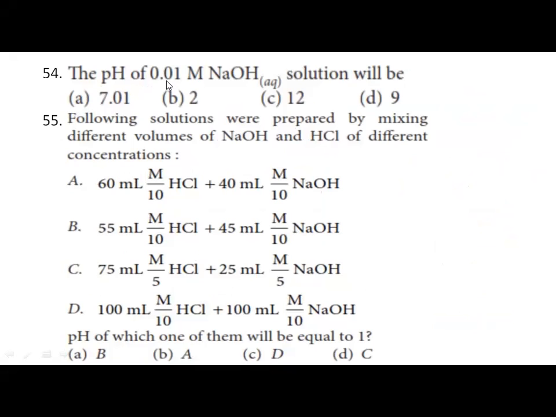The pH of 0.01 molar NaOH solution will be. Yes, pH question. This is a question on hydrogen ion concentration. So we know that NaOH is a strong base. It dissociates completely to give me Na+ plus OH-. It is balanced everywhere. So they have said 0.01 molar.